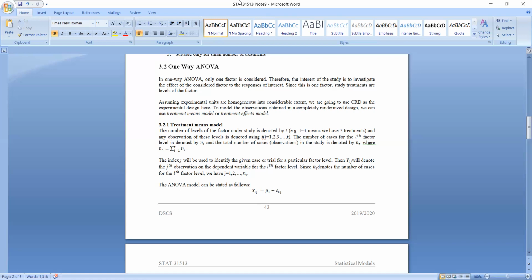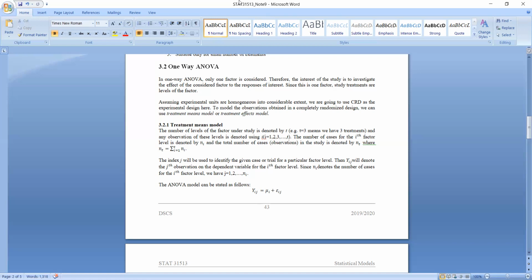Actually, when it comes to this completely randomized design, there are two models that we can come up with. One model is known as the treatment means model. In the treatment means model, let's say you have T number of treatments.